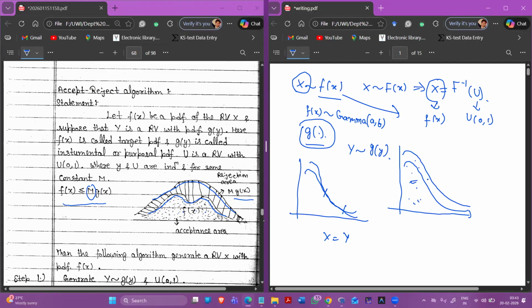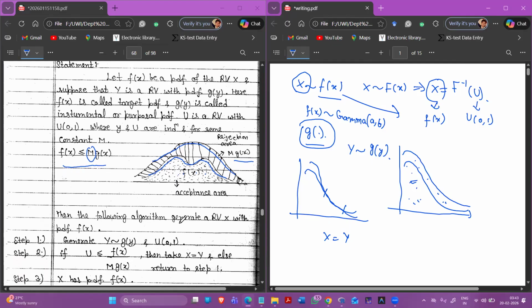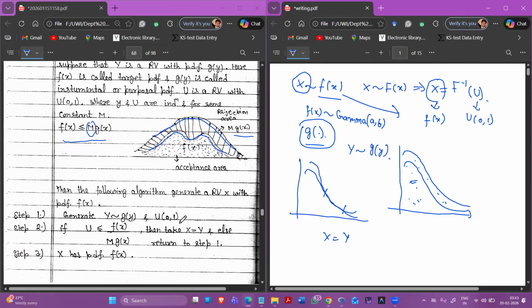If it lies above this one, I reject those values of Y. I accept only those values of Y that lie under this plot or line. So for that, what is the theorem that I have? It says that I am going to generate Y from g_Y, from my proposal density function.